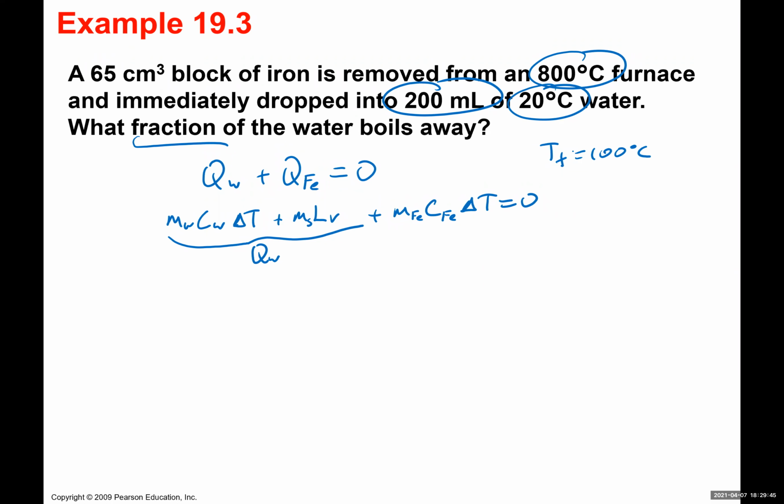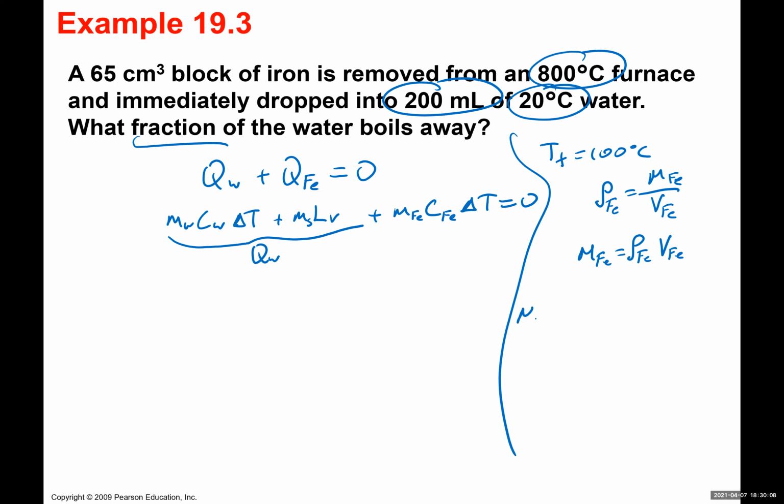But since we know it's iron, we can find its mass by using the density of iron, which is equal to mass of iron divided by its volume. So using this equation, I can easily solve for the mass of the iron, because density for the iron is a known quantity.